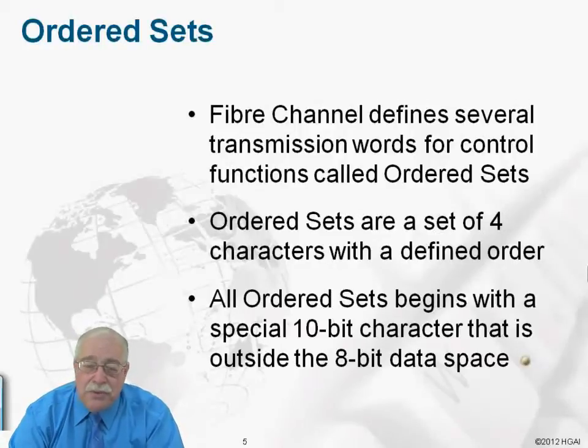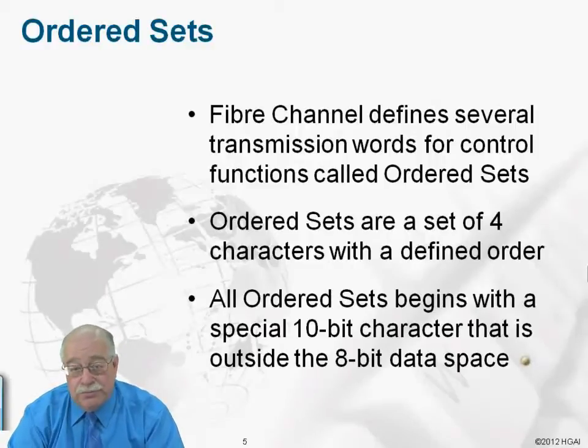And when you think about it, if we have data that we're encoding, and we're encoding them 1 byte at a time, where I'm dealing with an 8-bit byte, the largest 8-bit combination would be 0 through 255. Well, if I'm going to have 10 bits, then 10 bits would be 1024.